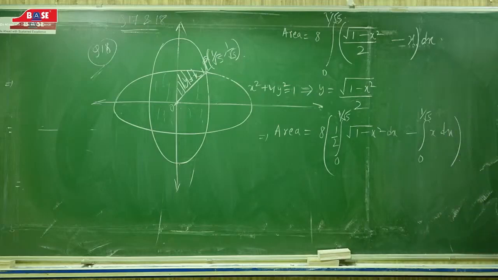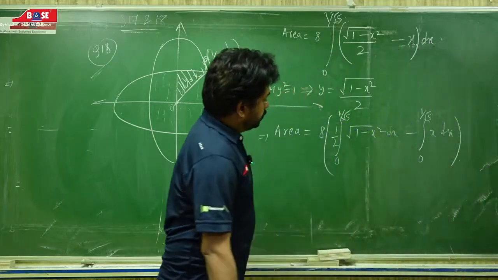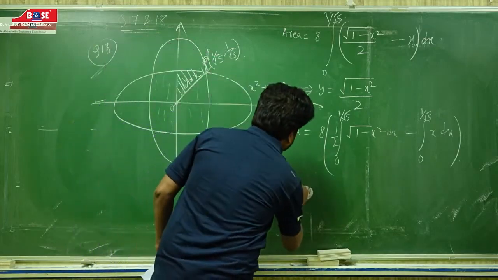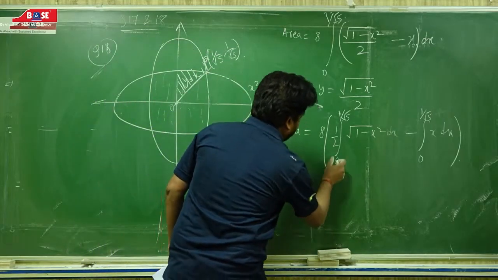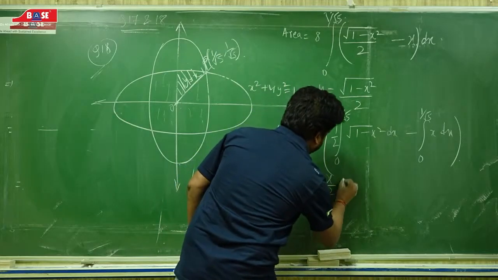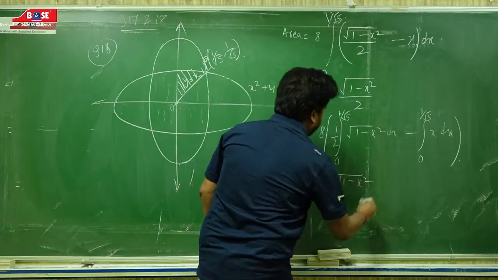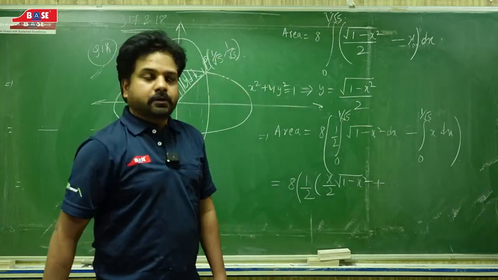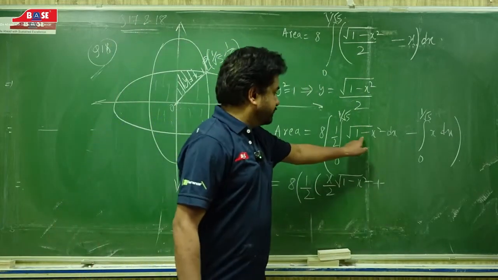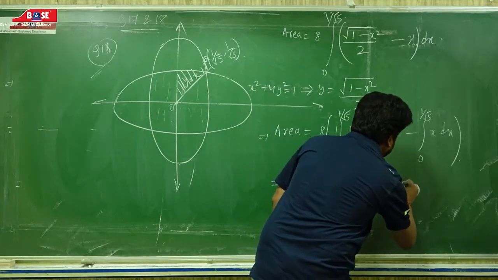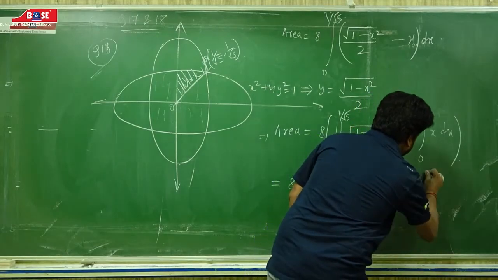Correct? Now, the direct integration of root of 1 minus x square, we know, is going to be 8 into 1 by 2, and this is going to be x by 2 into root of 1 minus x square plus a square by 2. What is a? a is 1, right? Into sine inverse x by a.